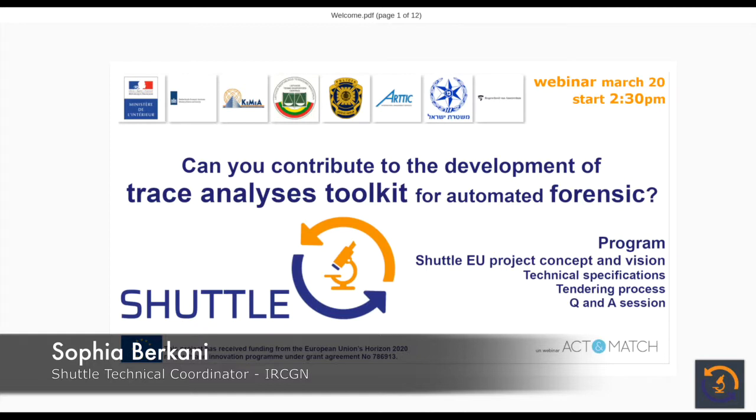We would like to talk to you about Shuttle, which is our project. As you know, Shuttle is financed by the H2020 program, where 8 institutes and forensic labs have teamed up to develop through a PCP a toolkit which will make microtrace analysis more objective.